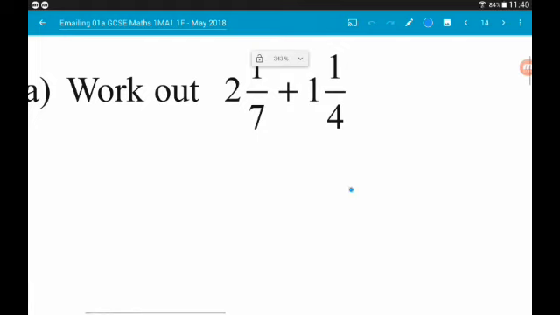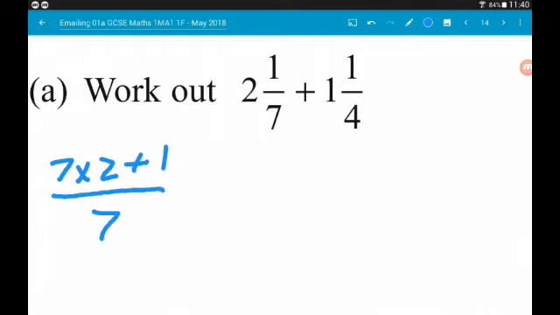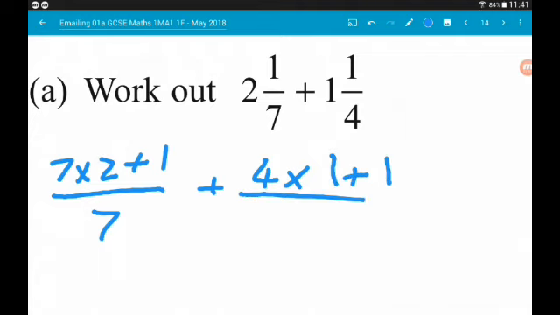So, for 2 and 1/7, we do 7 times 2, add 1 up on top, all over the bottom of the fraction, and then for 1 and 1/4, we do 4 times 1, add 1 all over 4.